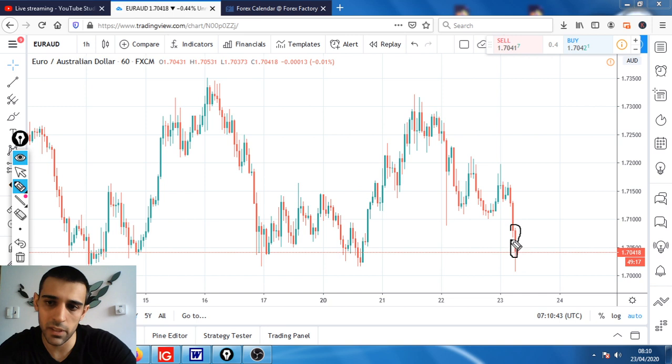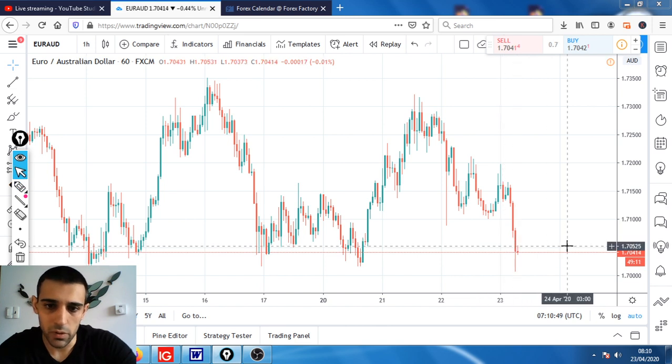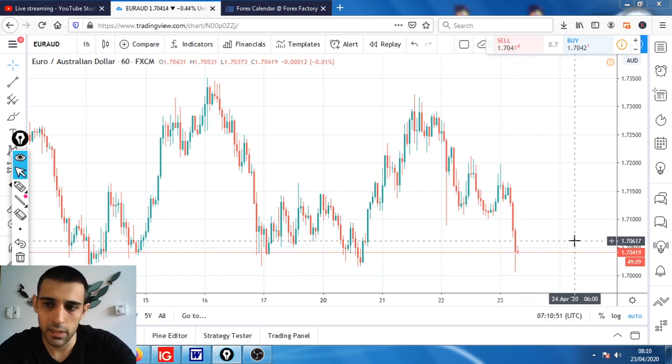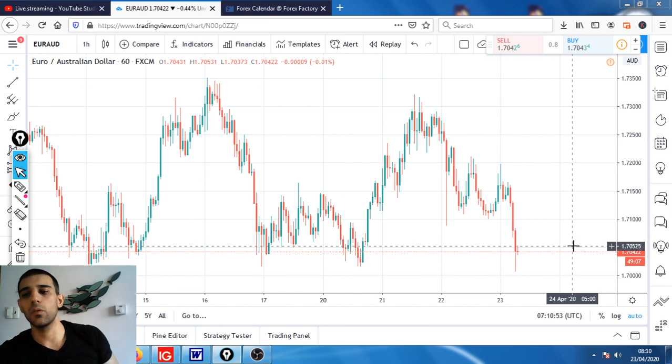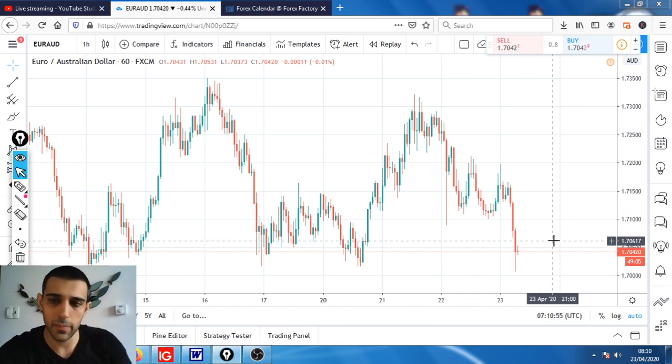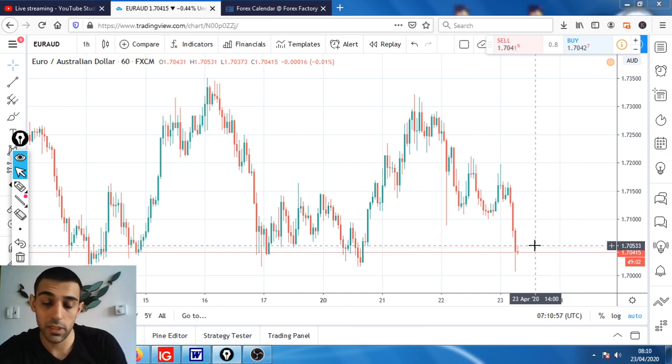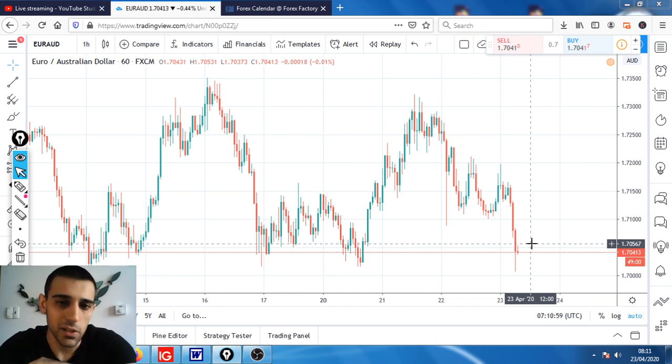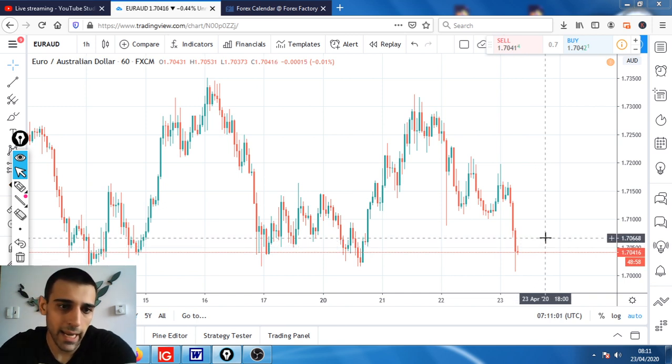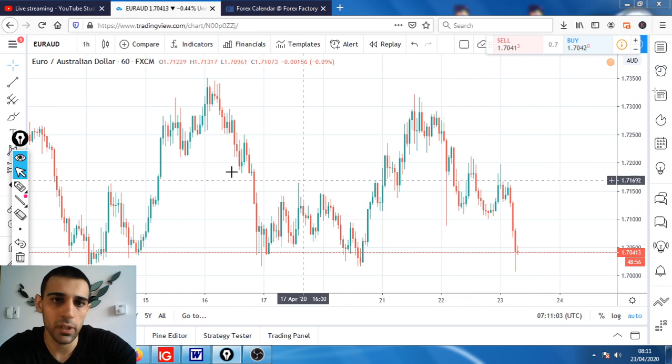If it's going to be bigger than this candle, then I will not be interested in the short side play. But as of now, we want the price to retrace, as I said, to 170.60. So about 20 pips retracement, and then we will be looking to short the trade.